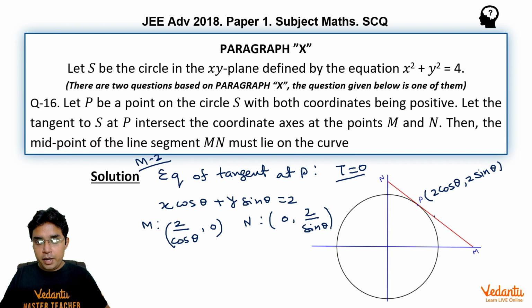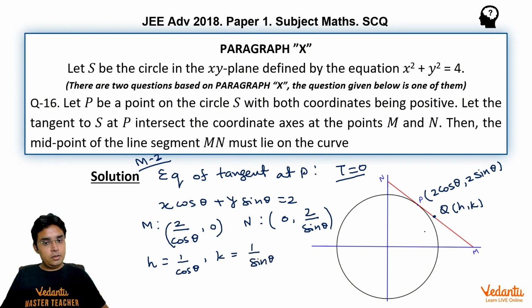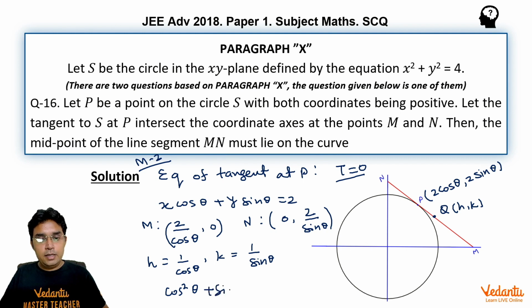So their midpoint Q, let us say h comma k, we can write h will be 1 upon cos theta and k will be 1 upon sin theta using the midpoint formula. To eliminate theta, the best approach is cos square theta plus sin square theta, which gives 1 upon h square plus 1 upon k square is equal to 1.